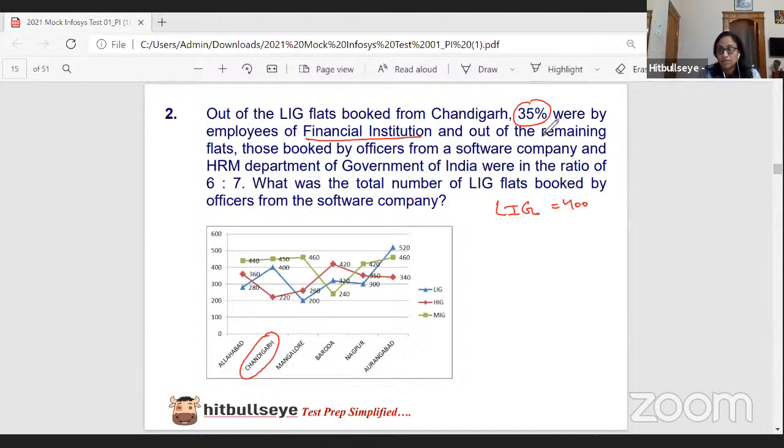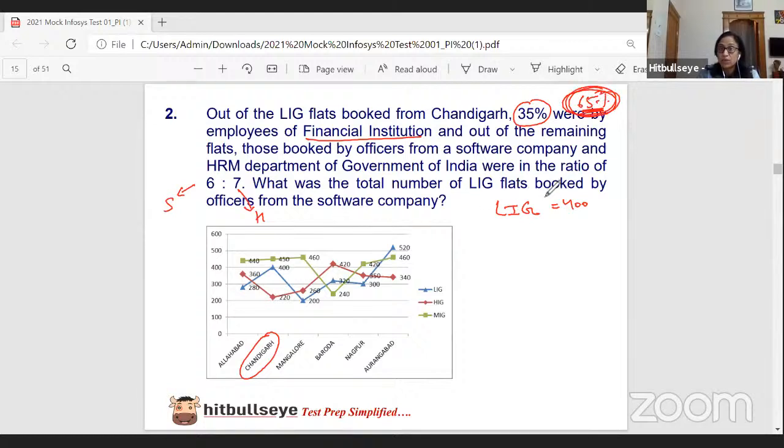Percentage remaining always means, of course, 100 minus 35. So now they are talking about the remaining 65%. So focus on this figure. For the remaining 65%, they are saying that those booked by officers from software company and HRM are in the ratio 6:7. So this is for software, this is for HRM, and the ratio is given as 6:7. For which figure? For the remaining 65%.